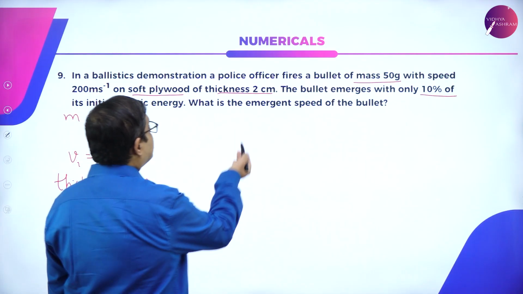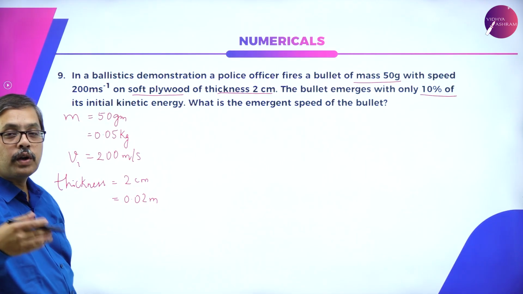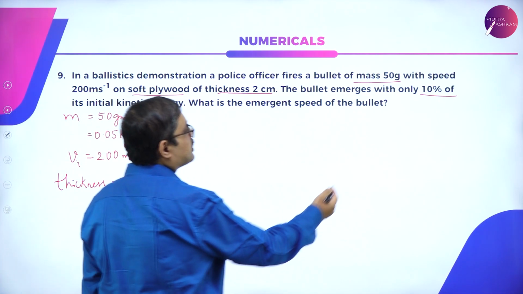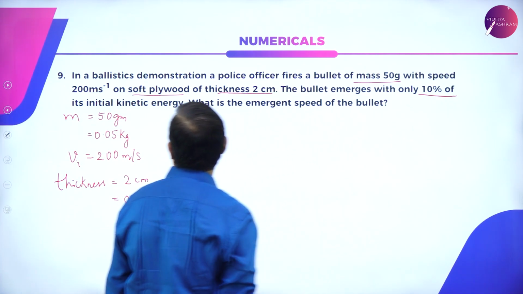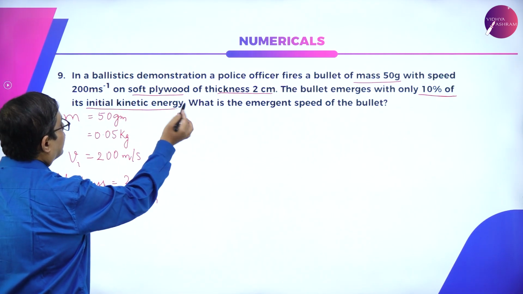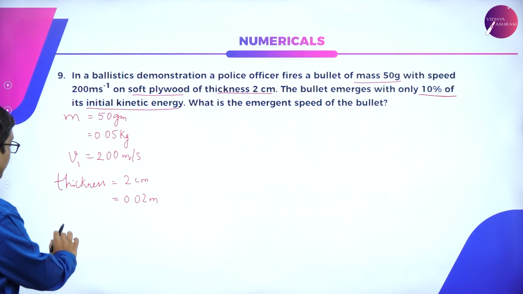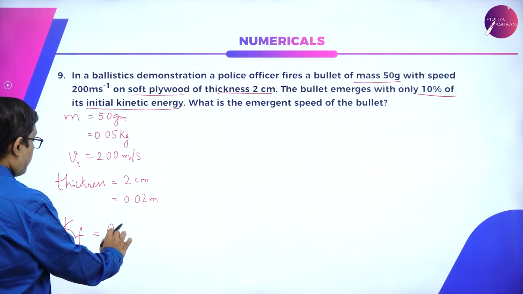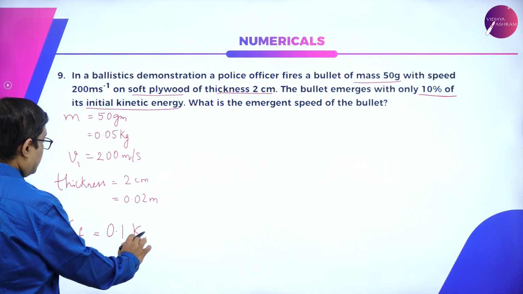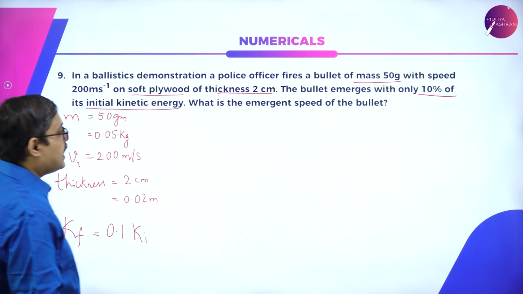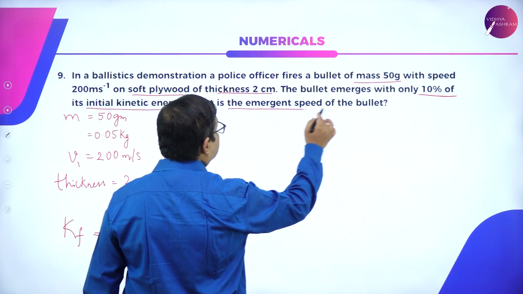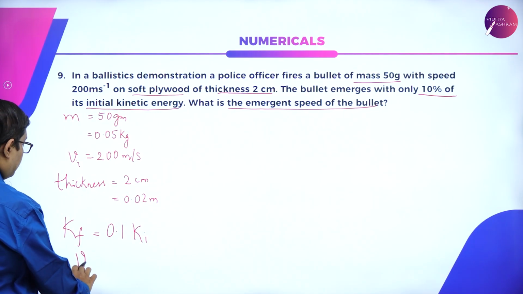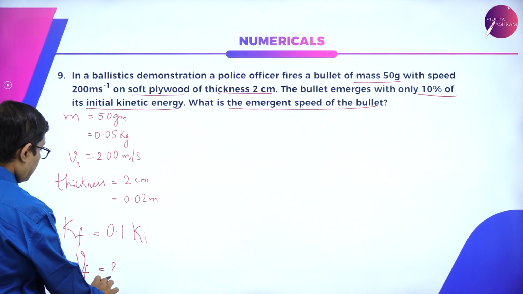What is the emergent speed of the bullet? There is one more set of data given to me. What does it say? The bullet emerges with only 10% of the initial kinetic energy, which means that final kinetic energy is equal to 0.1 times the initial kinetic energy. He has asked me to find out the emergent speed of the bullet or the final velocity of the bullet. V final is what I have to find out.